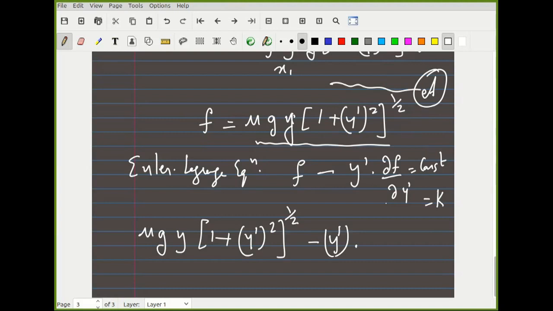Just observe that when I differentiate, we do get these constants mu and g, and 2 times y dash divided by 2 root 1 plus y dash squared. And that is going to be a constant. So I'll just cancel this 2.